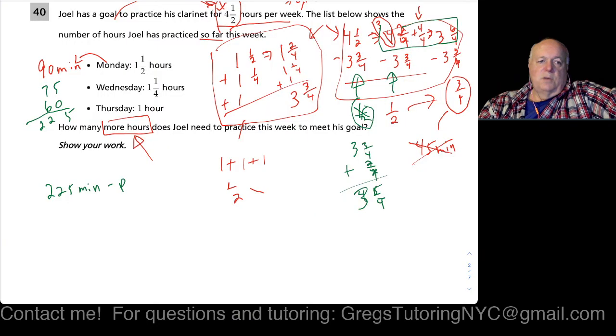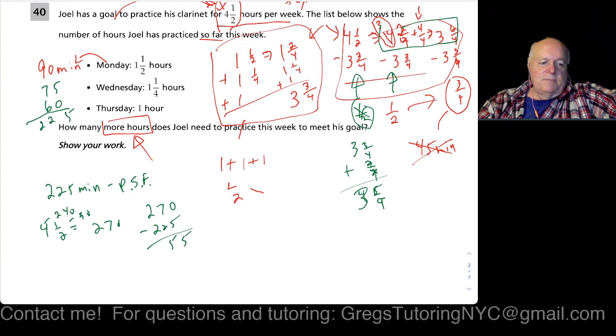He needs to practice 4.5 hours. So we're going to get, this is 240, and this is 30, okay? So that would be 270 minutes. So if you subtract that, 270 minus 225, okay, we get 5 there. And we get 5 there.